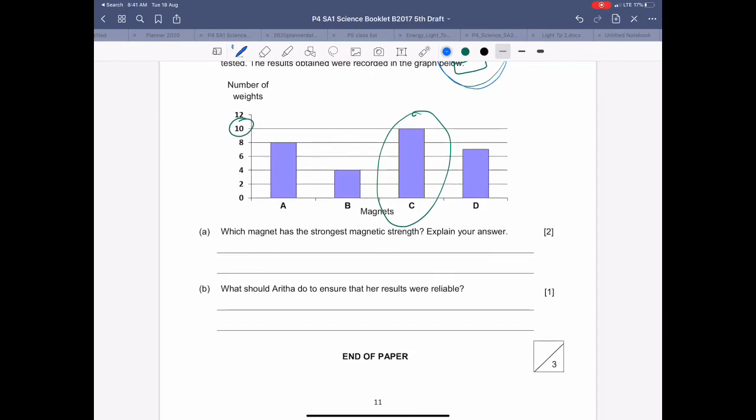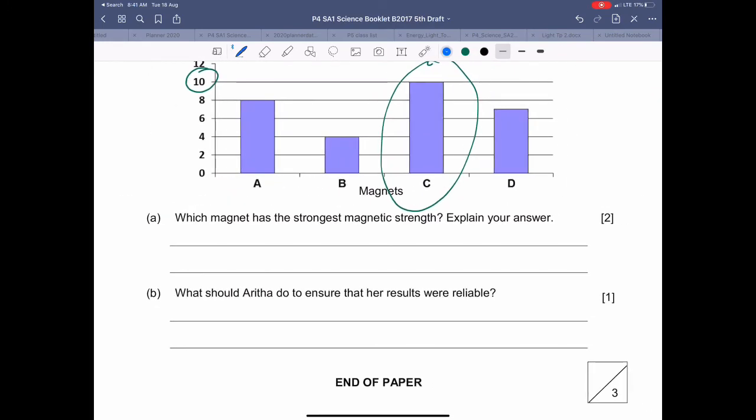So what could your answer be like? Your answer should be telling me the claim, right? So: Magnet C. Why? It needed evidence, correct?